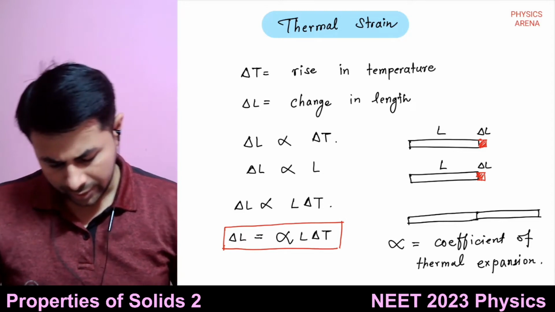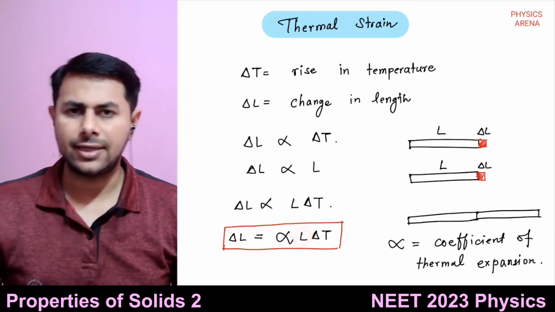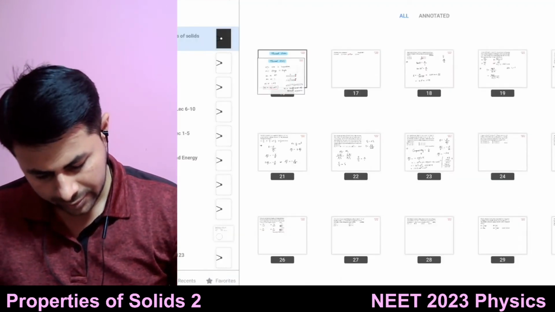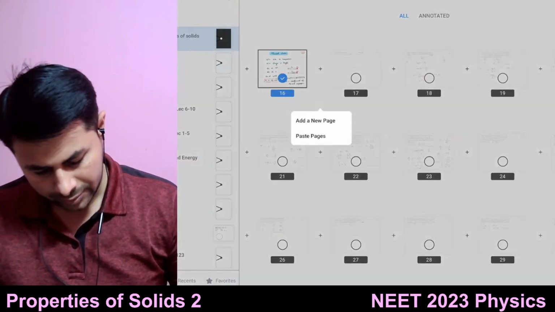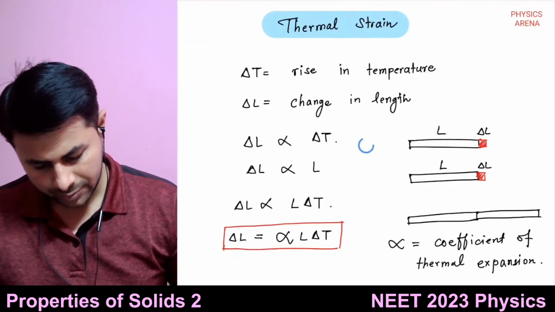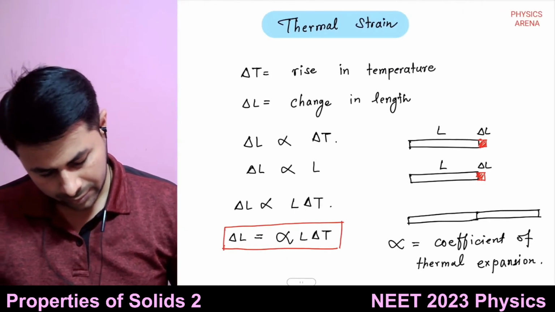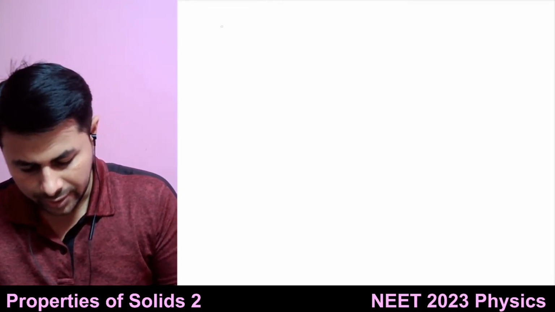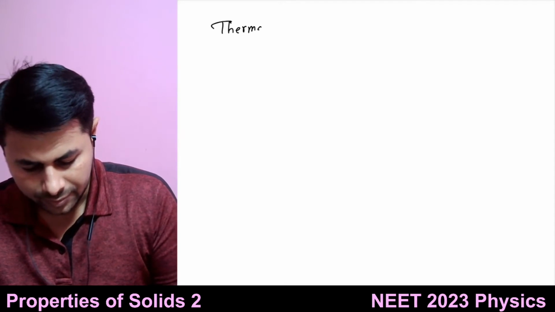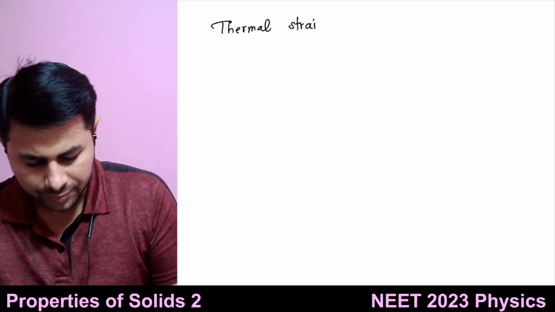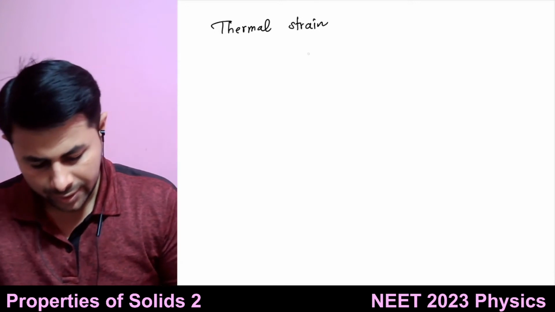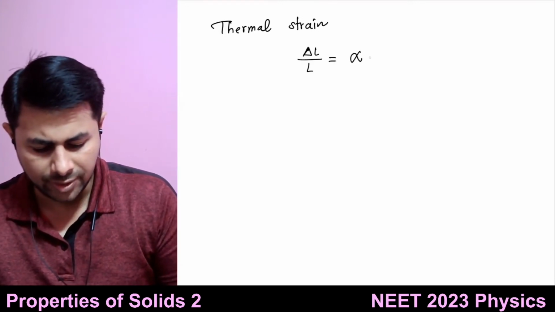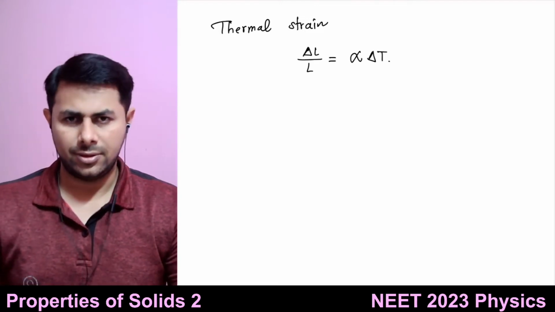And you can take this L on the other side, so you can write that the thermal strain caused in the wire is delta L upon L, and it's equal to alpha times delta T, right?